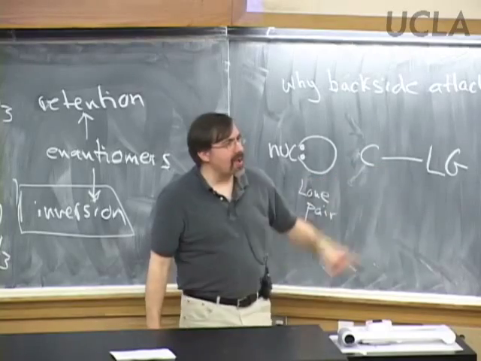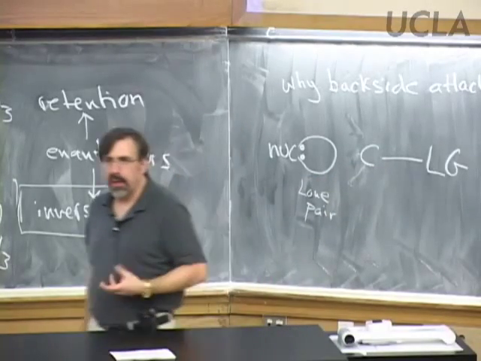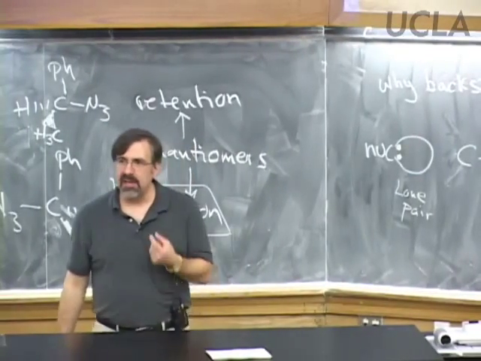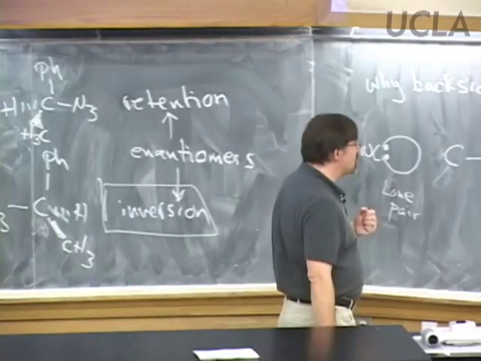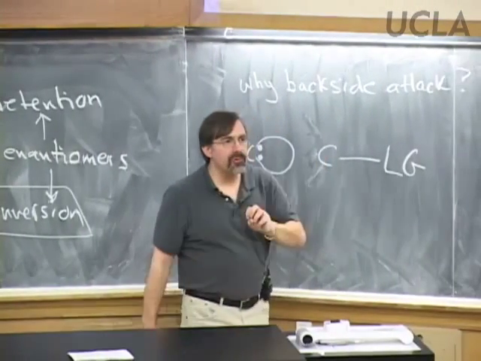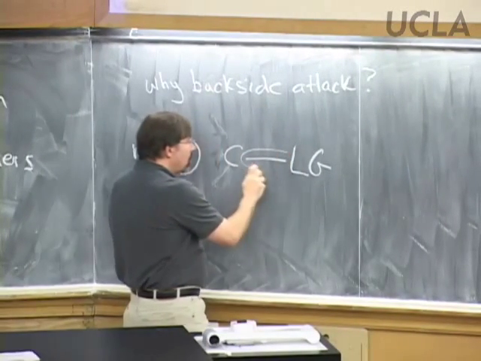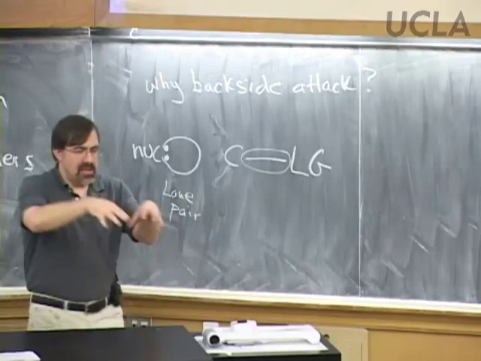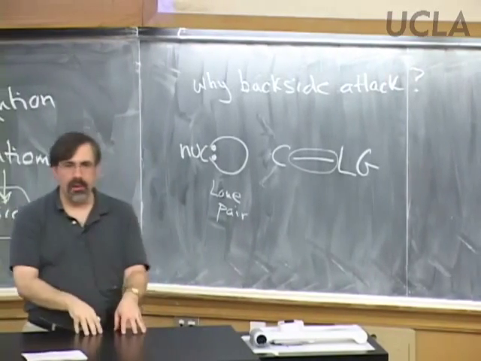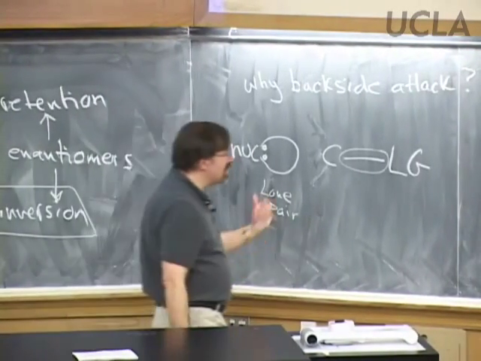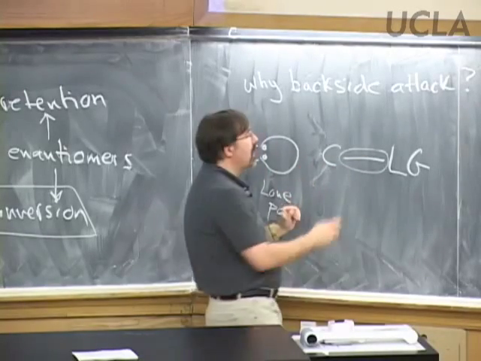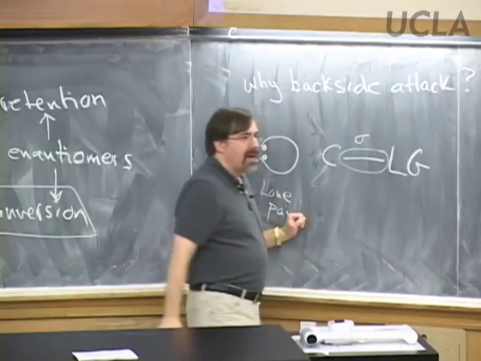Now it has to interact with orbitals that correspond to the carbon-leaving group bond. And a sigma bond, very simplistically put, has two orbitals associated with it. There is an orbital whose electron density is between the atoms that are involved. In other words, it's the one that represents the sigma, the covalent bond. We call that the sigma bond.